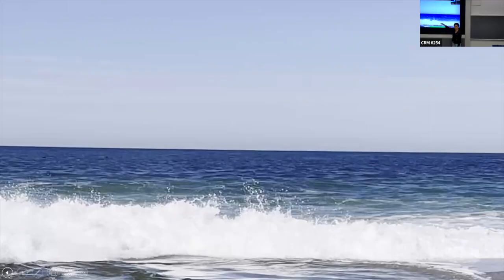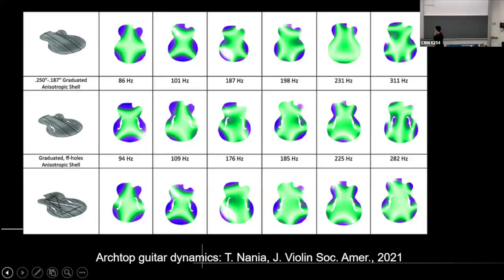You could try and think about what happens if you take, say, a guitar and then you cut things into it, or you make different shapes with it. And you start to excite standing waves on these shapes, and they will change as you change the shape or you change the material. So this is from a fun paper in 2021.